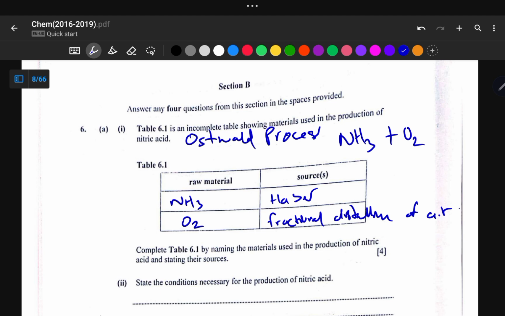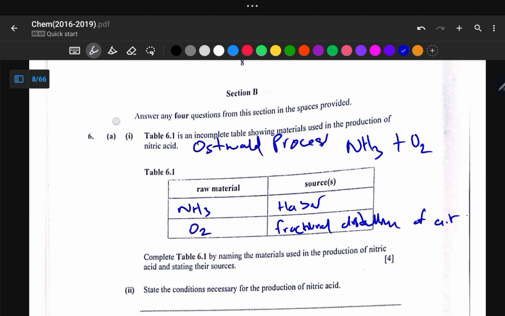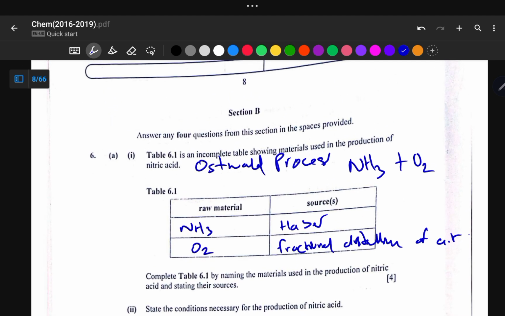And as I've alluded to before in my previous series, industrial processes are governed by what we call Le Chatelier's principle. So Le Chatelier's principle states that if a system at equilibrium is disturbed, it will adjust itself to oppose the change and try to restore a new equilibrium.